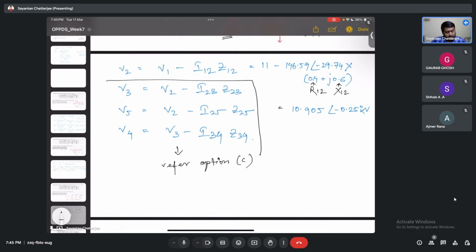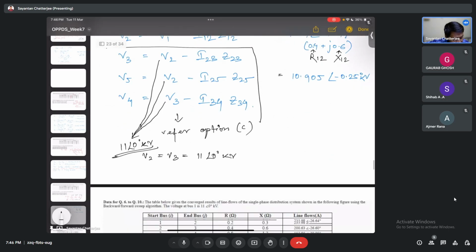For all these cases, the initial guess values, the starting values of V2, V3, because these three values are required, right? All these three values have an initial guess of 11 angle 0 kV. Just use that value. So that will give the final answer. Okay, option C is correct.